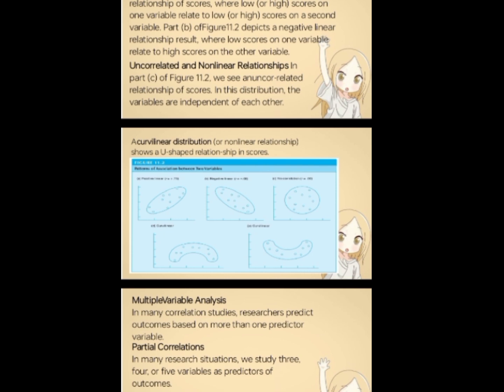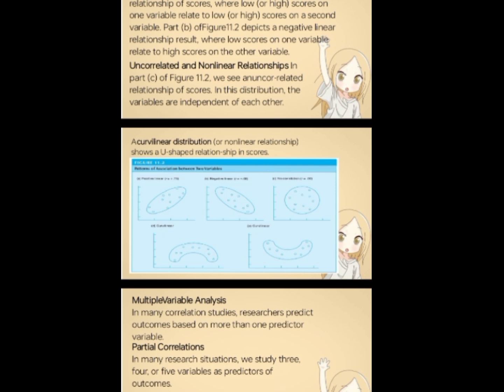Uncorrelated and nonlinear relationships in Part C, Figure 11.2. We see a non-correlated relationship of scores. In this distribution, the variables are independent of each other. A curvilinear distribution or nonlinear relationship shows a U-shaped relationship in scores.